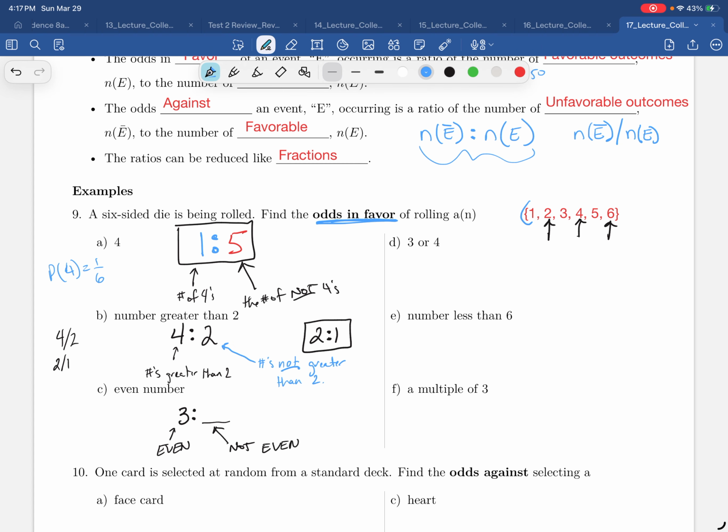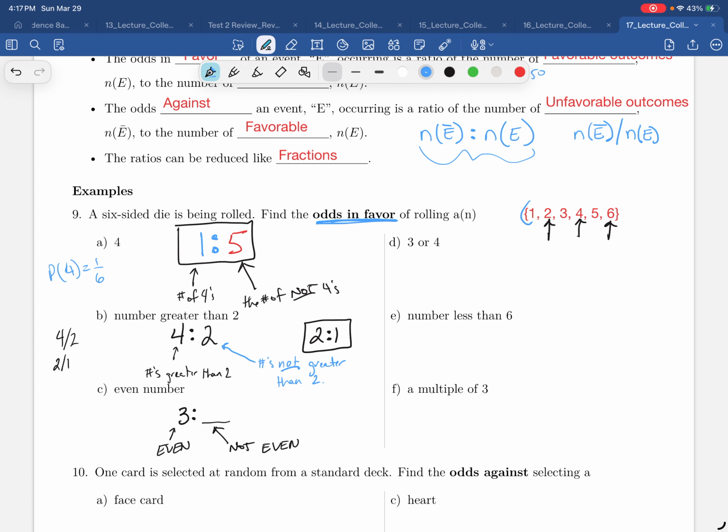So 3 to 3. And in a case like this, yeah, we can reduce that down. 3 to 3, we can divide each of them by 3. And that's going to get us 1 to 1. Some people even call this even odds. I know that's kind of weird, but it just means that you have just as likely chance of getting an even number as you do getting a not an even number.